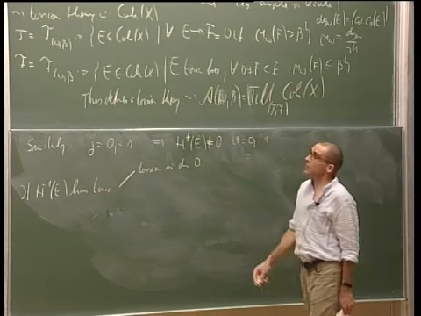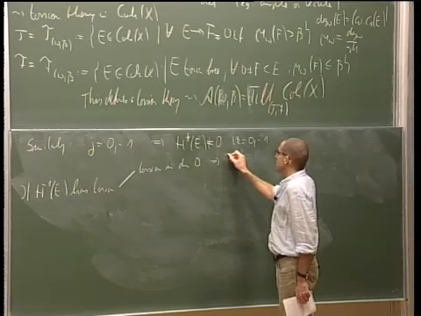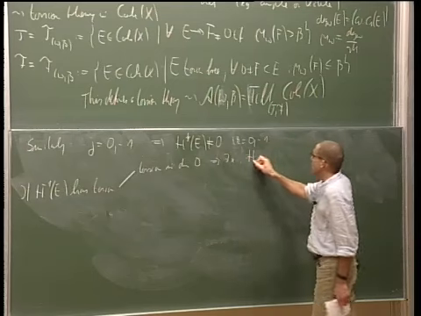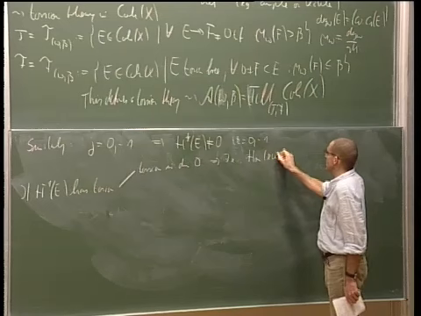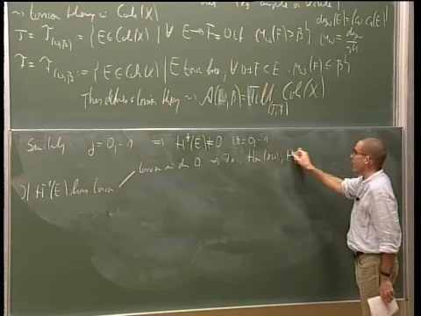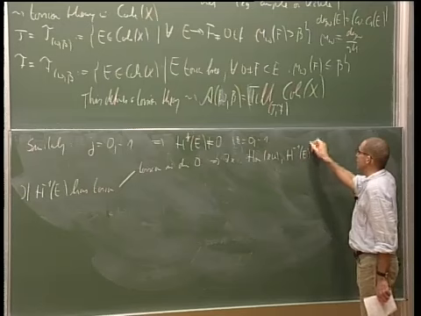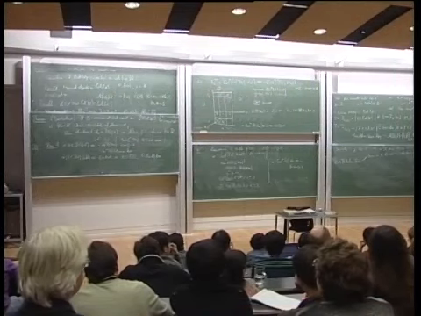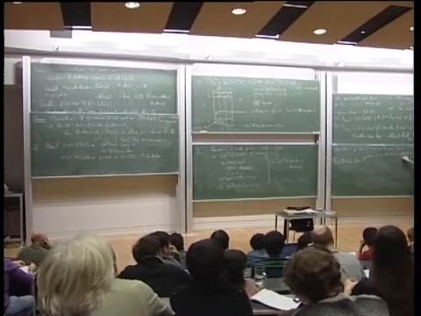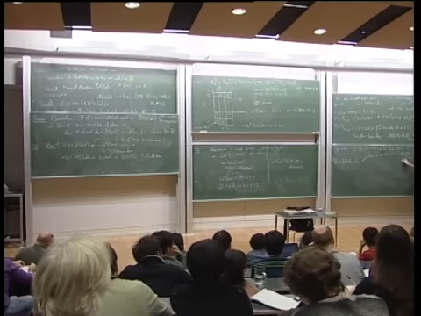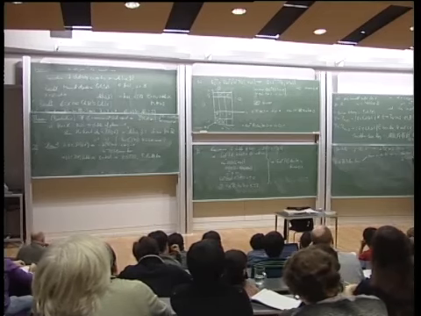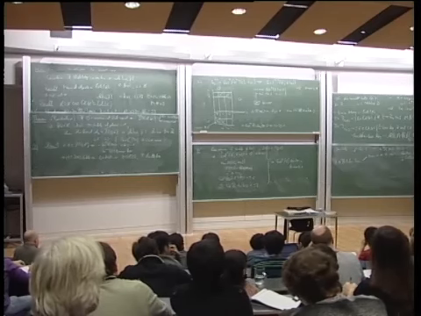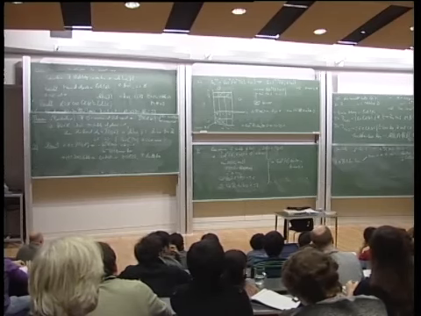If it lives in dimension 0, then there exists a point such that k(x) is a subsheaf of this torsion. So in particular, there's a morphism from k(x) to H minus 1 of E, and this is, by Serre duality, Ext^2 of H minus 1 of E with k(x).